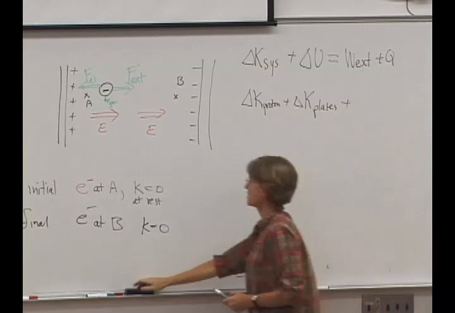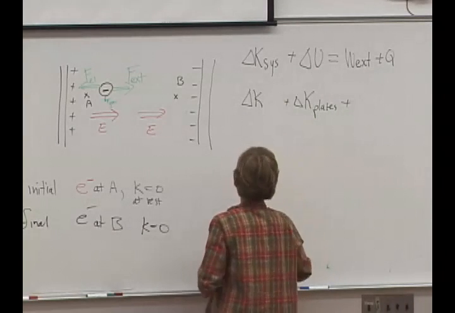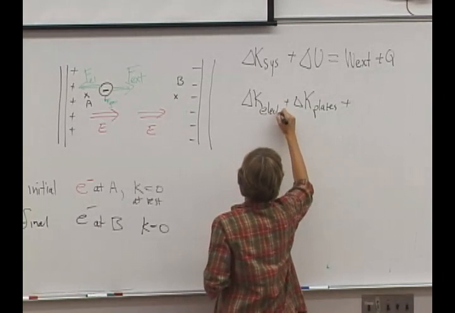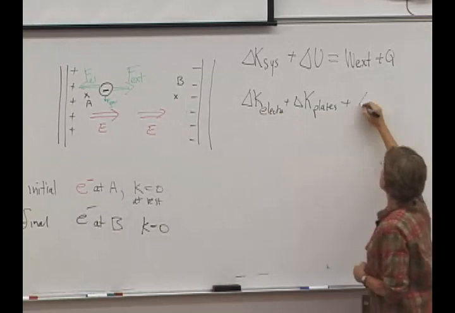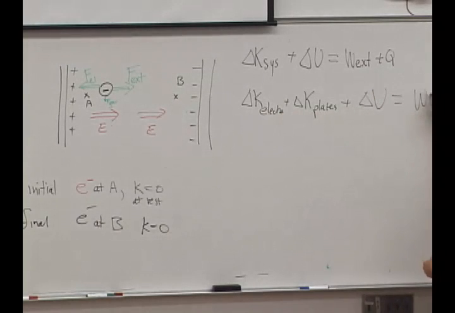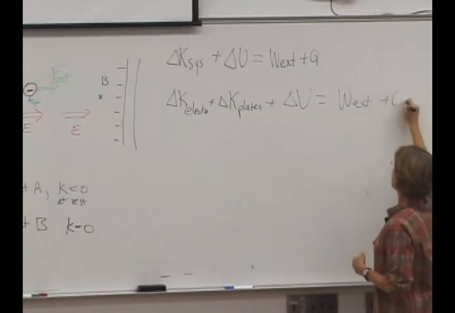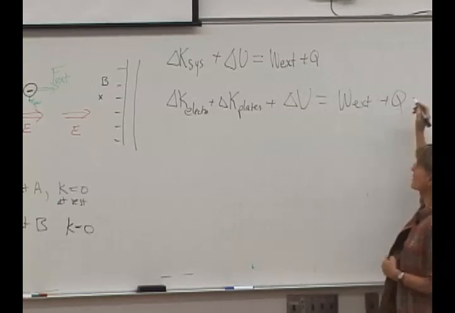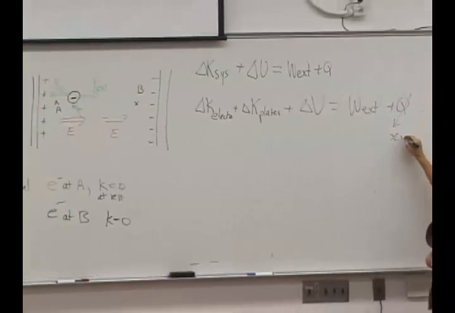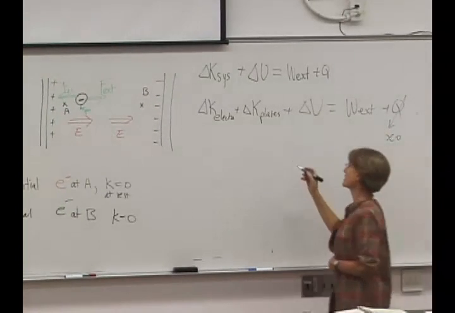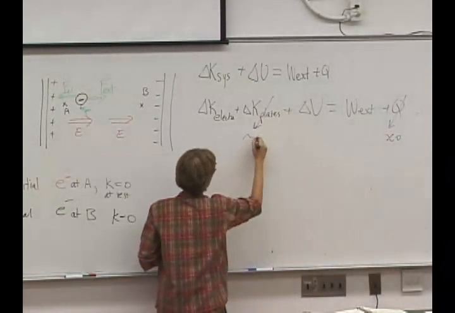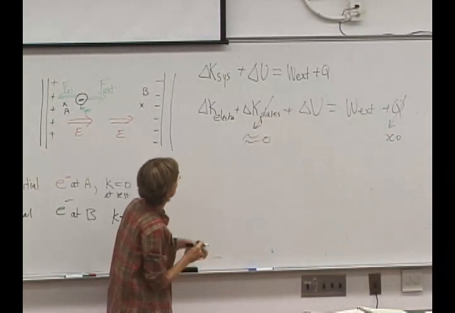Oops, sorry, thank you, electron. Plus delta U is external work plus energy transferred in thermally. Again, no thermal transfer of energy. Again, the plates aren't picking up any kinetic energy.